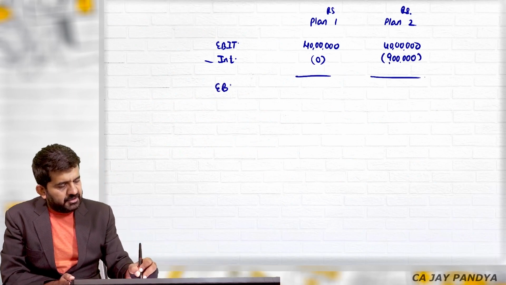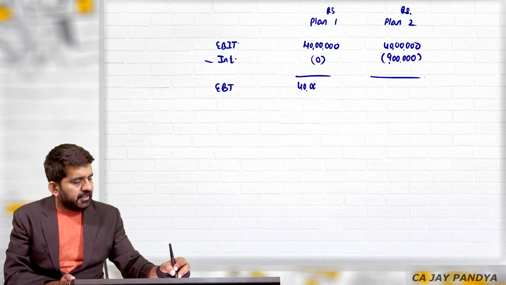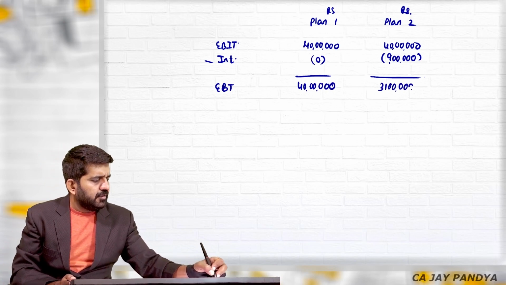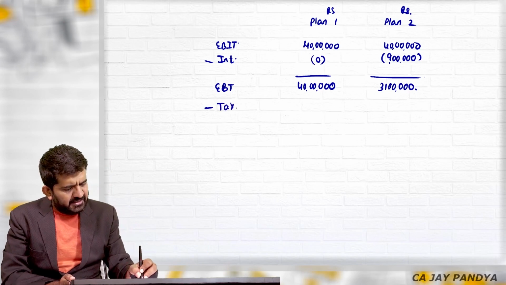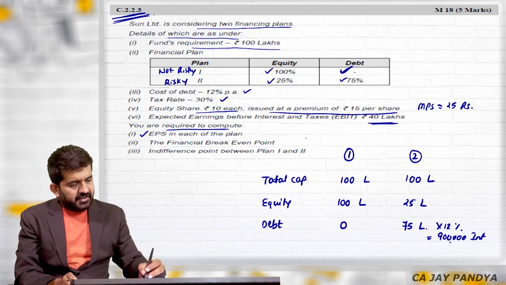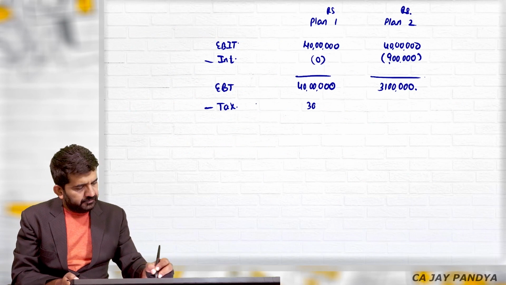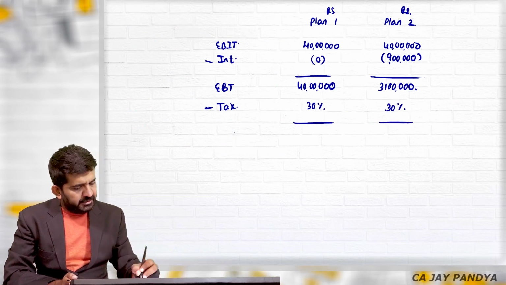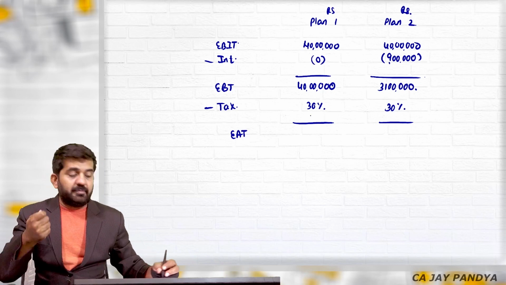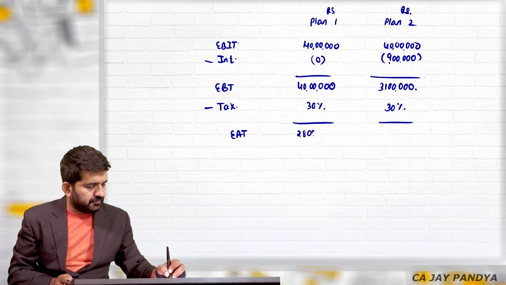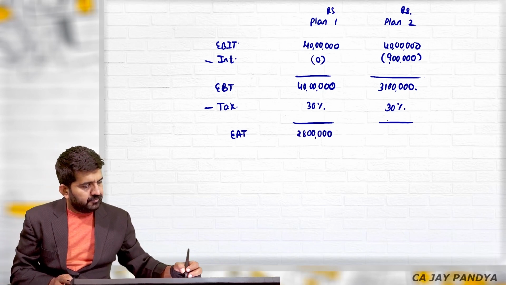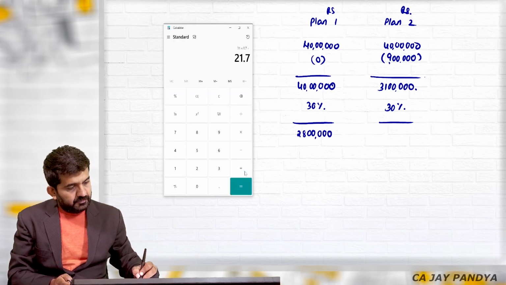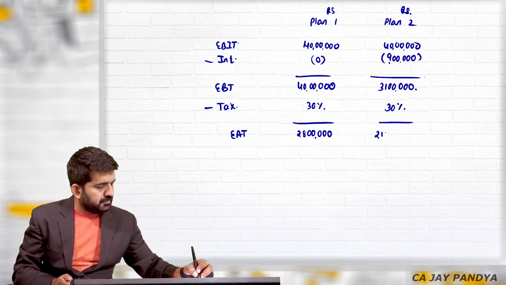I will get the answer of EBT, 40 lakhs in plan 1 and 31 lakhs in plan 2, minus taxes. Taxes are 30%, and so earning after tax will be 70%. 31 lakh into 70% is 21 lakh 70,000.